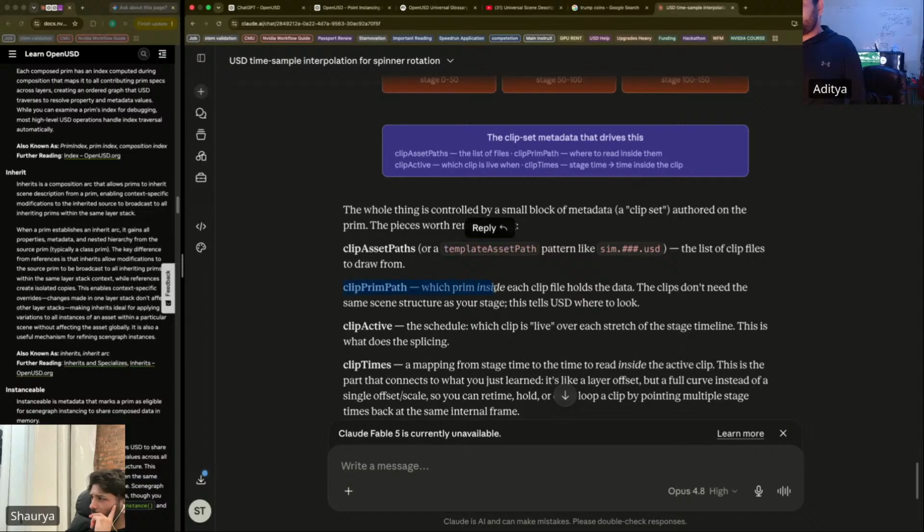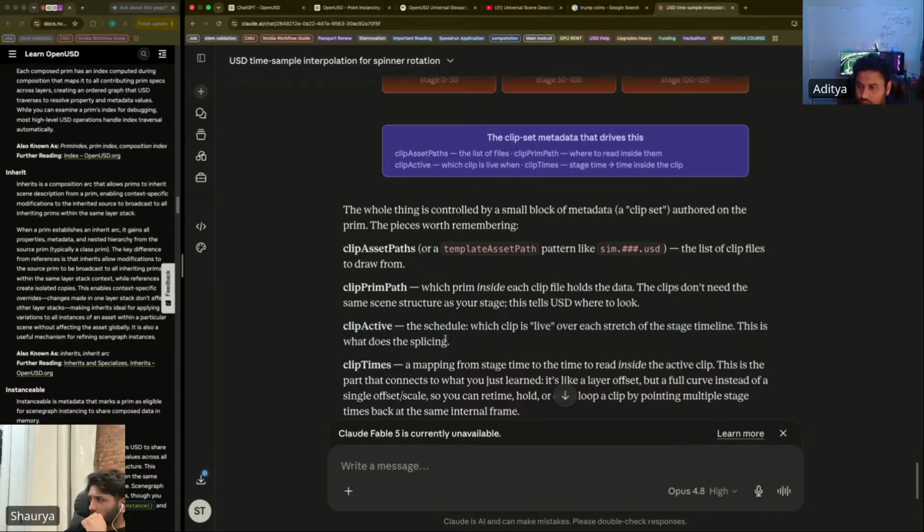Clip prim path, which prim inside each clip file holds the data. The clips don't need the same scene structure as your stage. This tells USD where to look. Clip active, the schedule, which clip is live over each stretch of the stage timeline. This is what does the slicing.